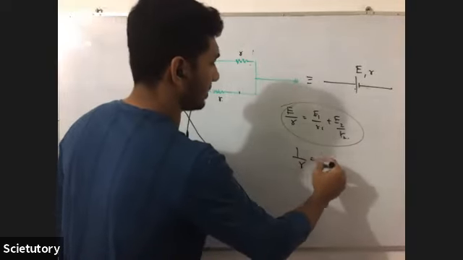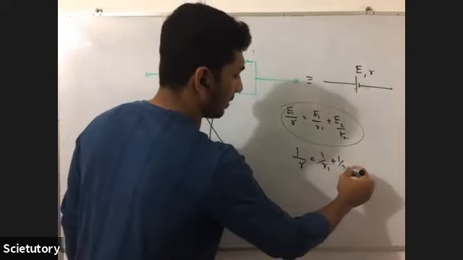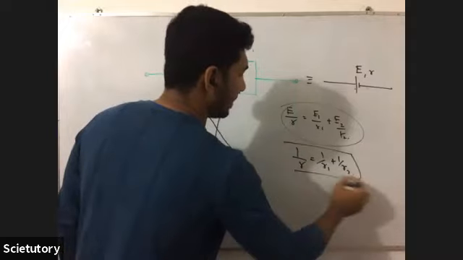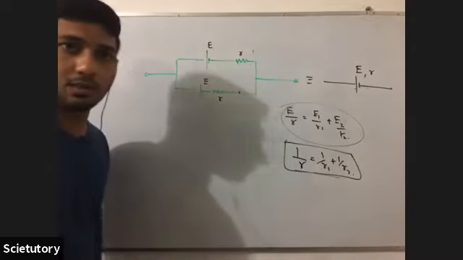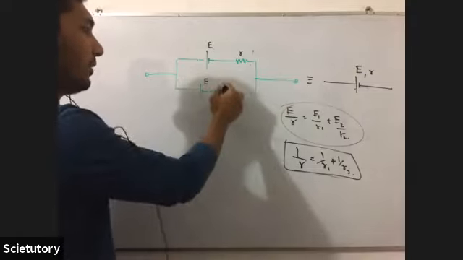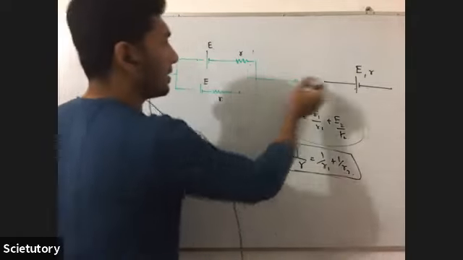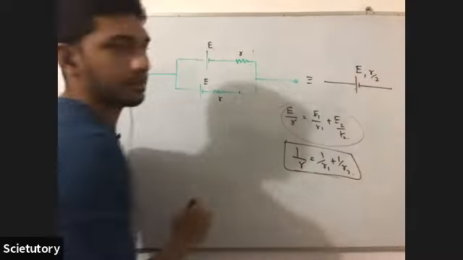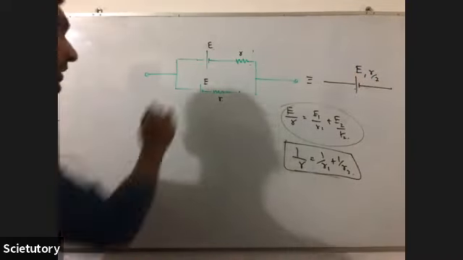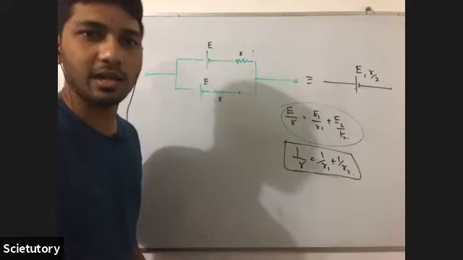The equivalent internal resistance is given by 1 over R equals 1 over R1 plus 1 over R2, like resistors connected in parallel. So now it's obvious that the equivalent internal resistance is R by 2, isn't it? And the E is going to be E.